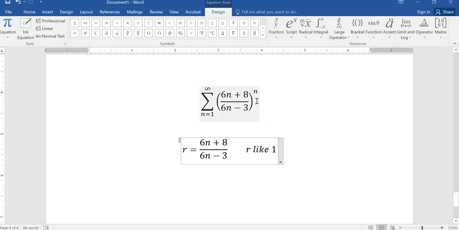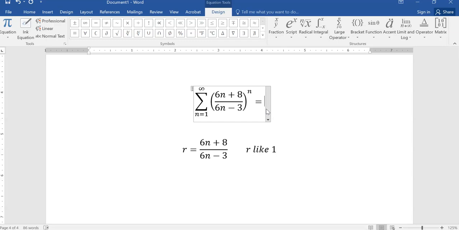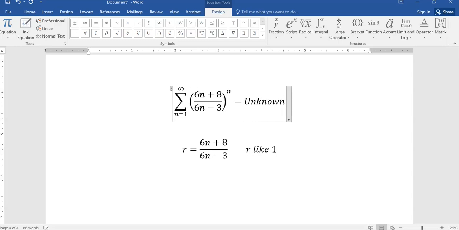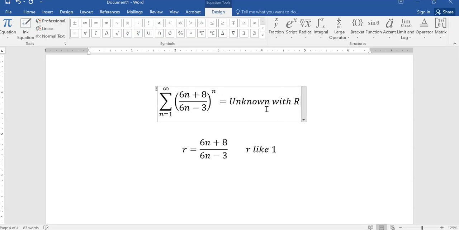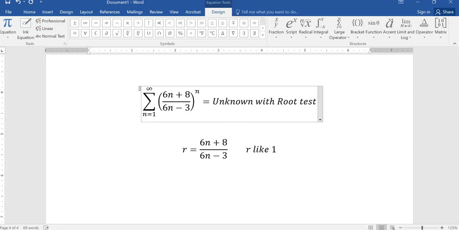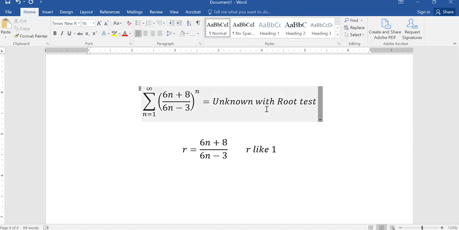And 1 is the unknown situation. So in this case, the root test gives us an unknown answer. You'd have to turn to some other knowledge about this. By the way, this one, it turns out, does diverge, but that's using different tests. So there you go. The root test is unknown for a situation like this.